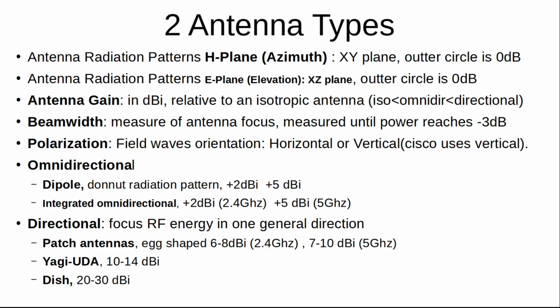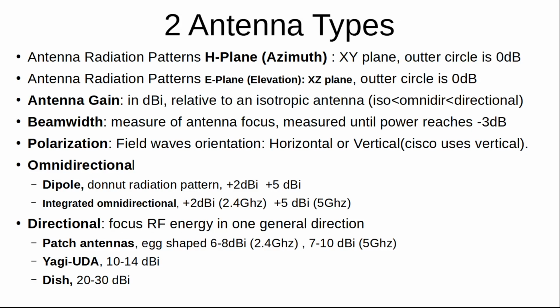You need to know how to read radiation patterns using the H-plane or azimuth plane, that is actually the XY plane within the 3D radiation pattern, and the E-plane or elevation plane, which is the XZ plane within the 3D radiation pattern.